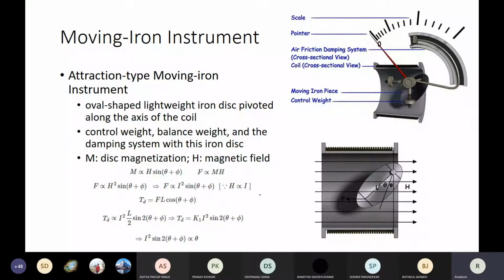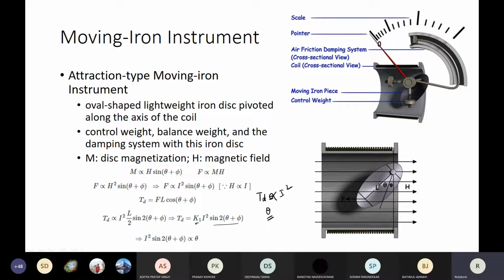So the deflection torque in this case is proportional to I square, right? These are simply constants, and the angle of rotation is theta.